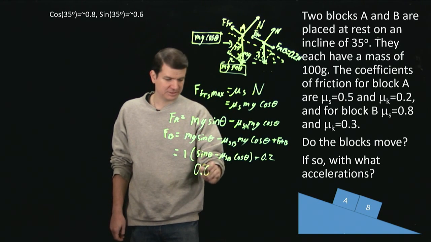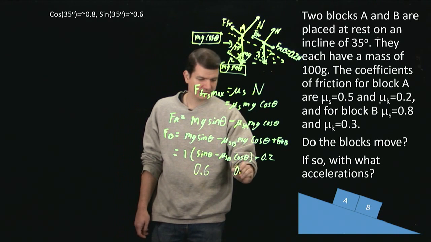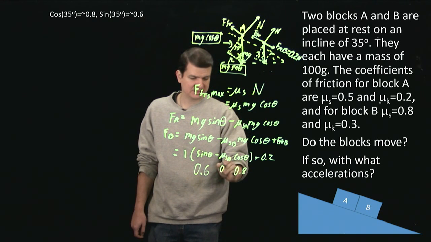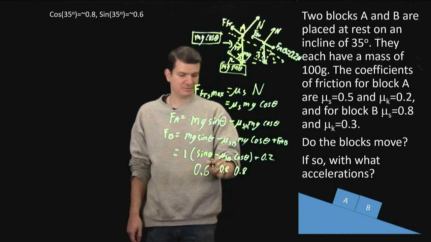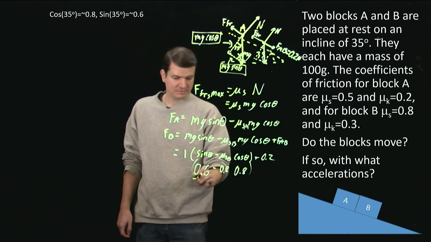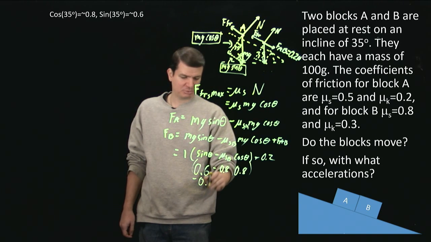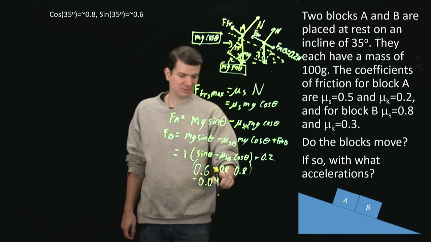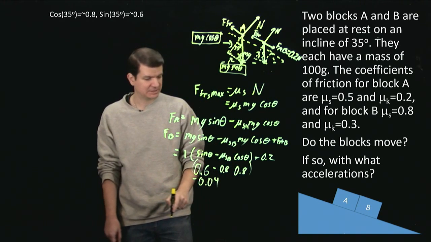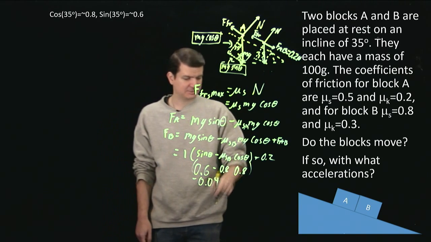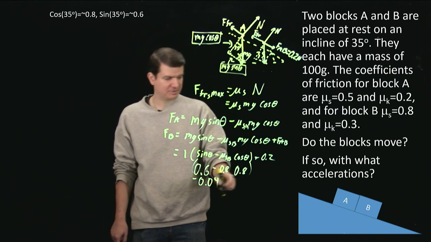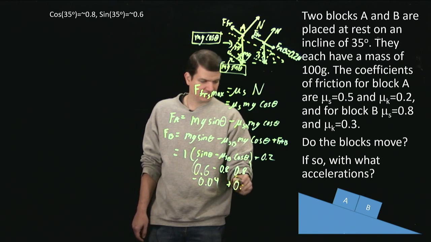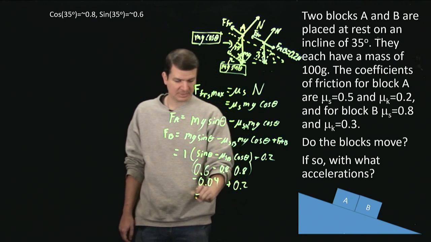That's still 0.6. Cosine of theta is still 0.8. And mu s this time is 0.8 as well. So that gives us a negative 0.04, because 0.8 times 0.8 is 0.64. 0.6 minus 0.64 gives us negative 0.04. But then we've got plus 0.2.